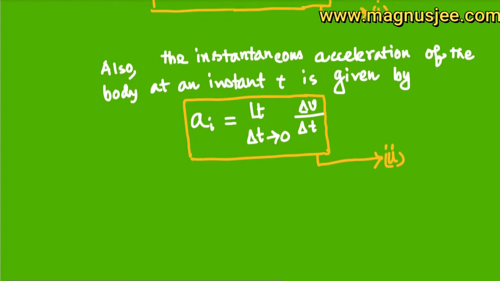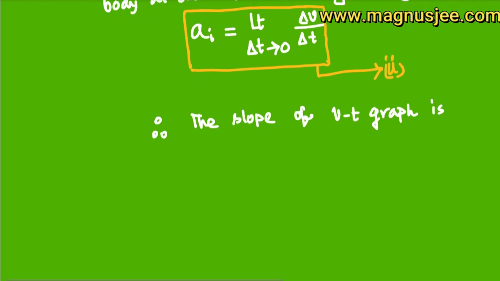So if we compare equations 1 and 2, then we can say that the slope of the VT graph is denoted by small m.